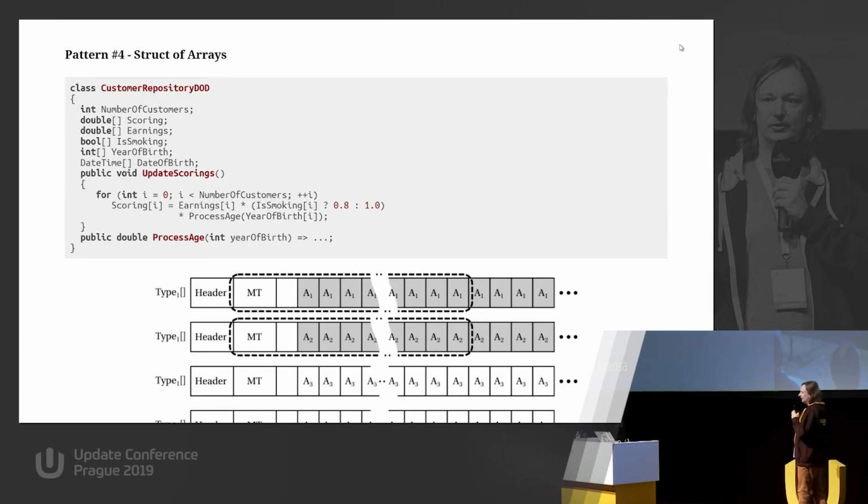But the final solution is the ugliest one, obviously, because we have just violated every good object-oriented practice. We get rid of customer completely. We don't have a customer entity, whether class or struct. We have now only arrays of attributes of this customer, the ugliest thing that you could imagine, probably.